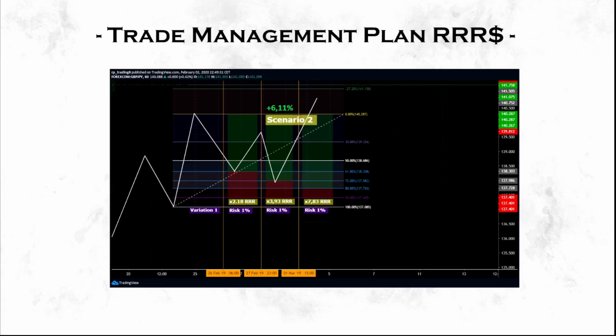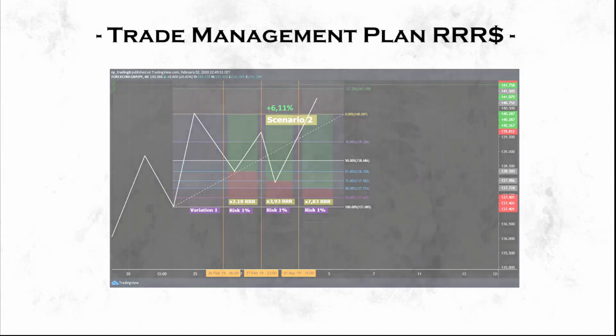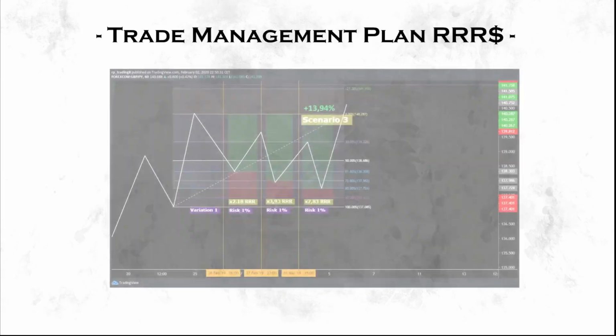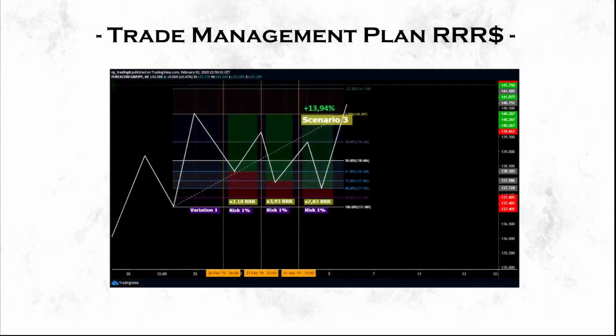6.11% profit. The third scenario would be the 6.11% plus 7.83%, which equals 13.94% profit in the third scenario, when all 3 entries got triggered and the take profit target got hit after that.